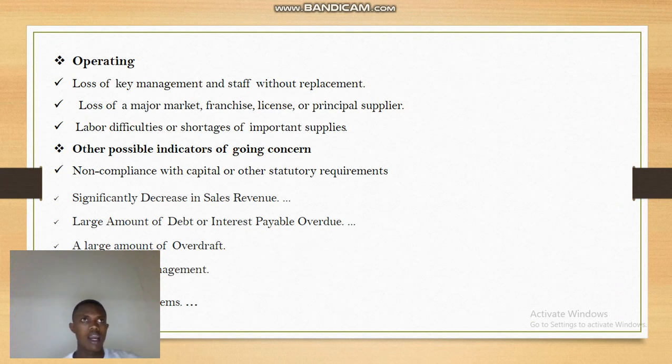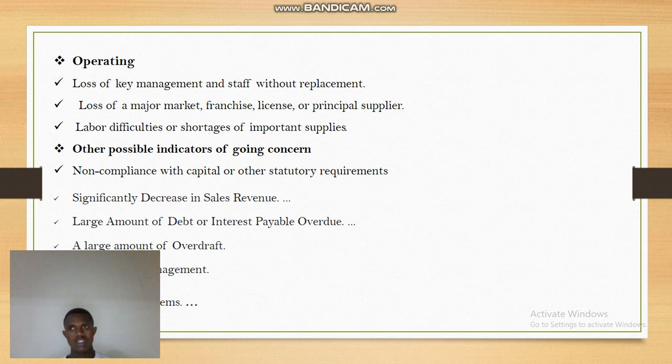When the company or institution has a problem with daily activities or the money to pay for daily activities, or, for example, when there is a loss of key management and staff without replacement, this shows that the business has operational problems. Another is non-compliance with rules and regulations, where the company fails to comply with regulations.